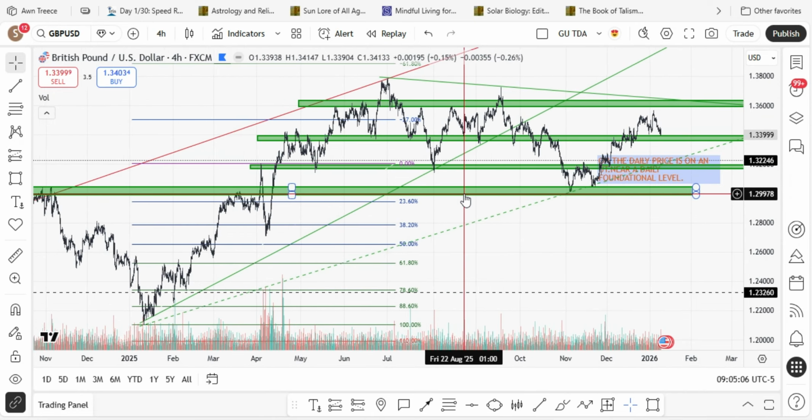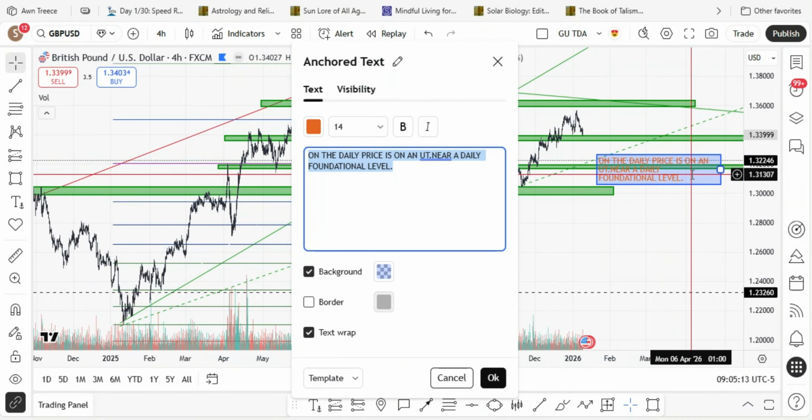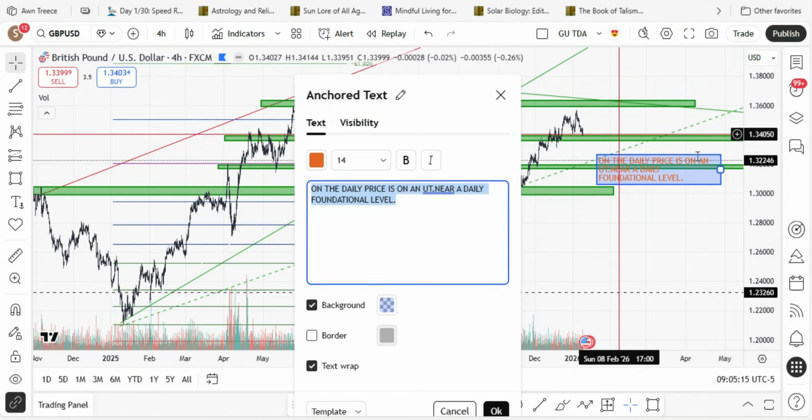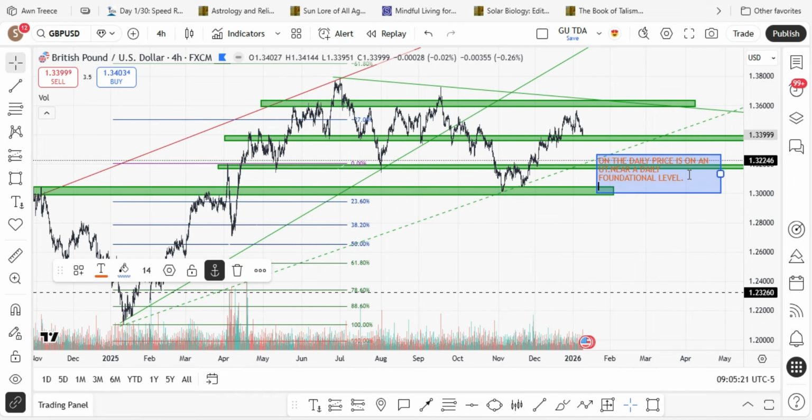4 hour. Walk through. Trying. Walk through.